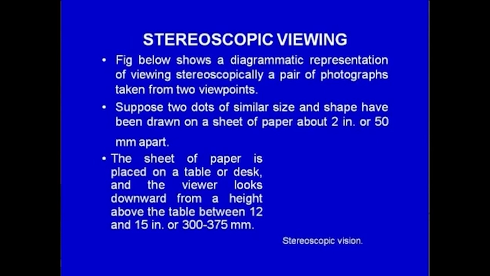The sheet of paper is placed on a desk or table, and the viewer looks downwards from a height above the table between 12 to 15 inches, that is 300 to 375 mm.